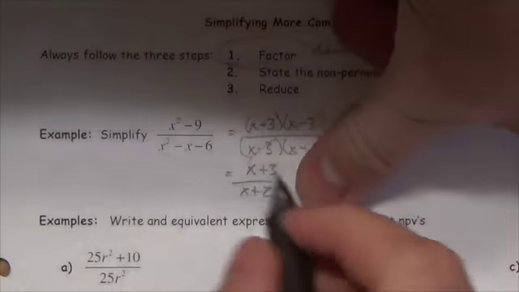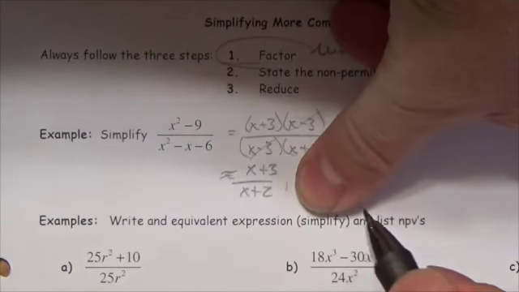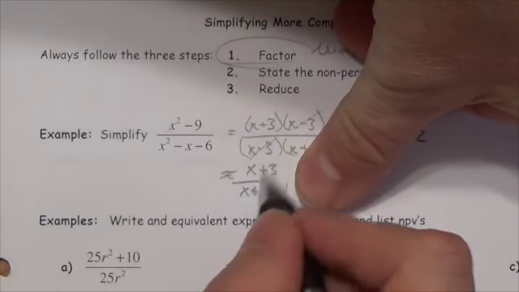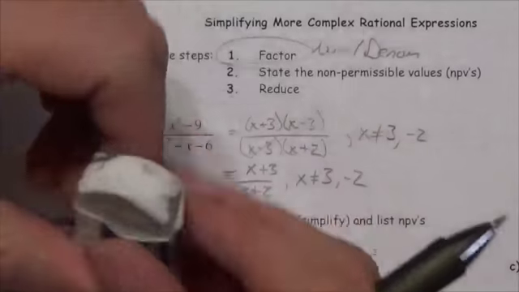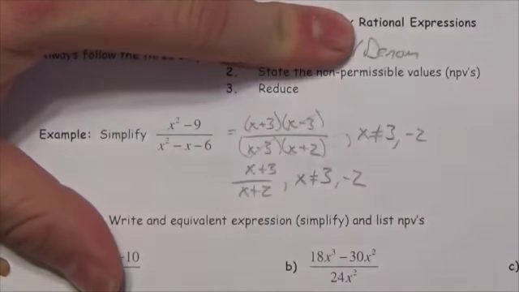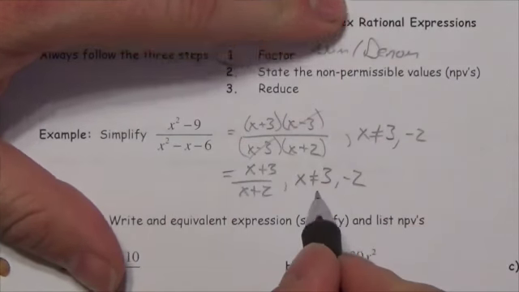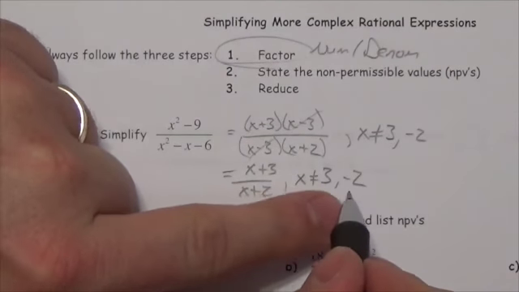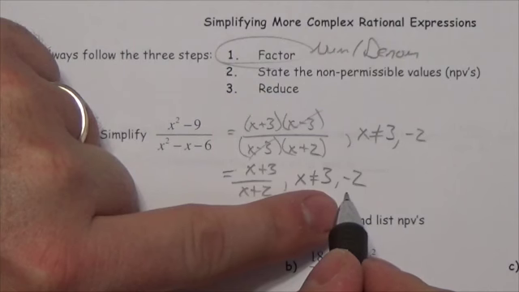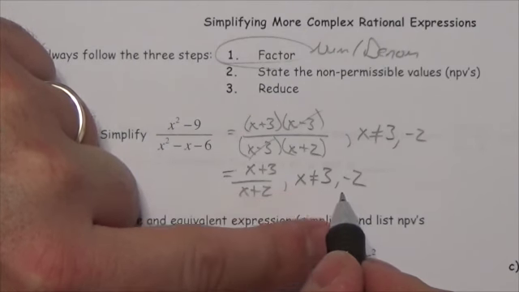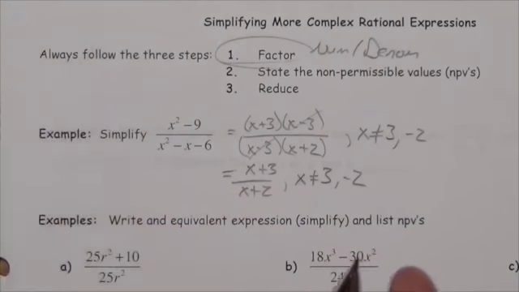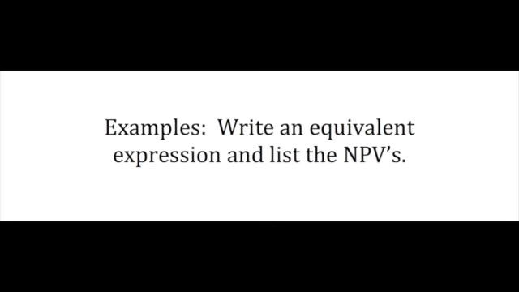Because until you write that, remember, these are just equivalent. They're just equivalent. These are not exactly the same until you state the non-permissibles, in which case they become equal. This one, you absolutely need to write. That one, you don't absolutely need to write it, mathematically speaking, but you do need to write that to get the mark. Write an equivalent expression and list the non-permissible values.